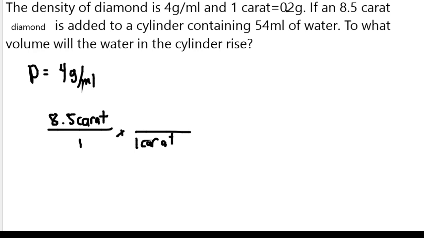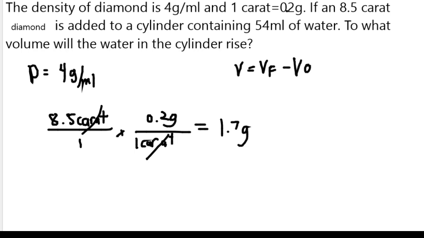We're just calculating the mass here. So we can just plug it into our formula. We can just cancel this thing. So we got 1.7 grams here. So that is basically our mass.